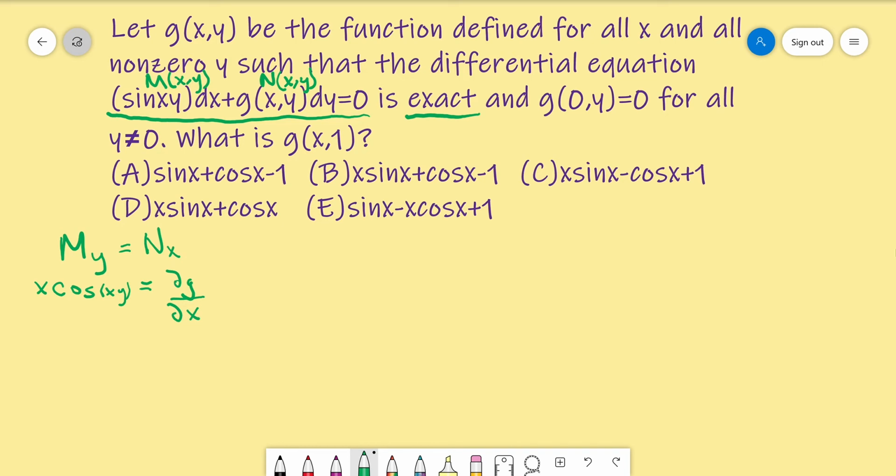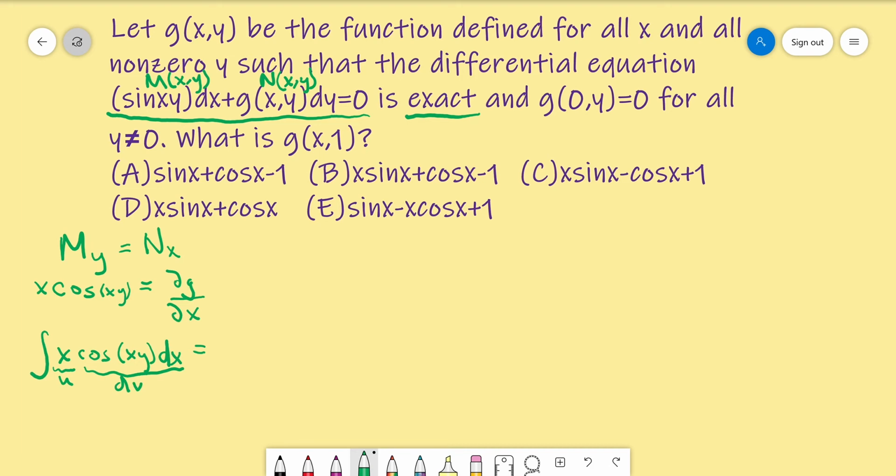So we can integrate x cos(xy) with respect to x, and that should give us g up to some constant function of y. Well, let's see. This is going to require integration by parts, so let's call this part here u, and this part here dv.